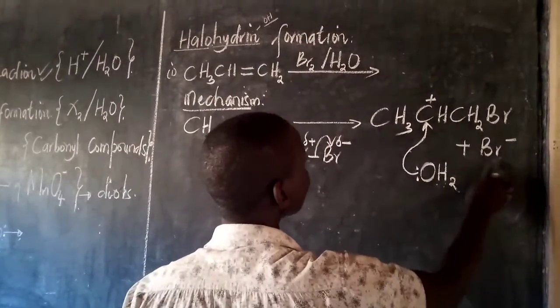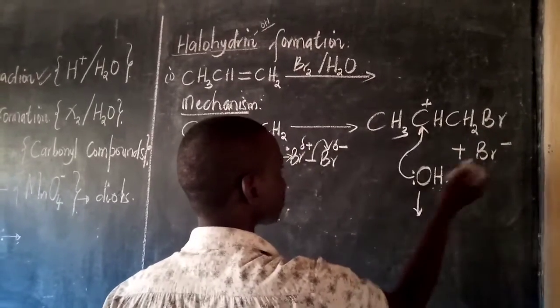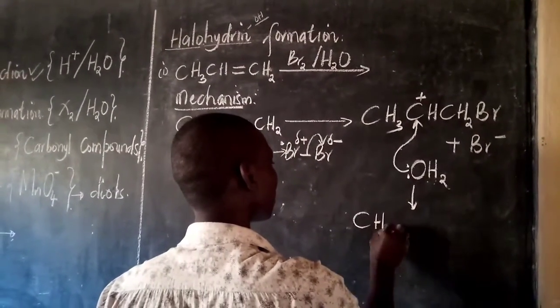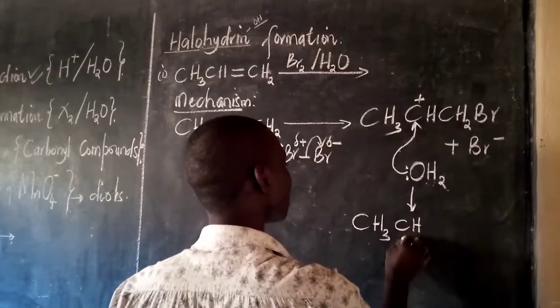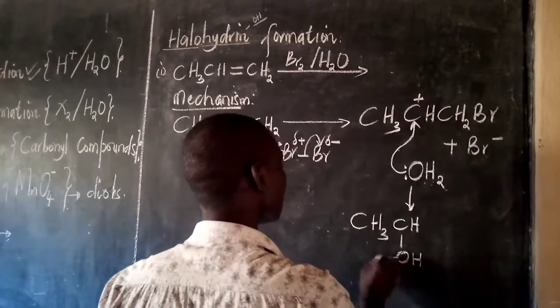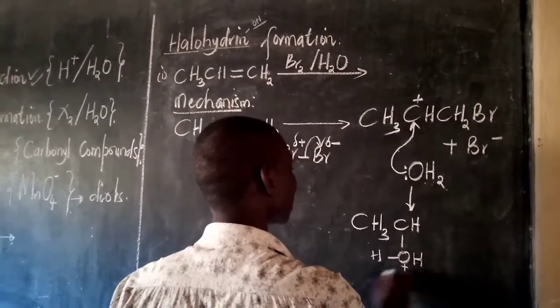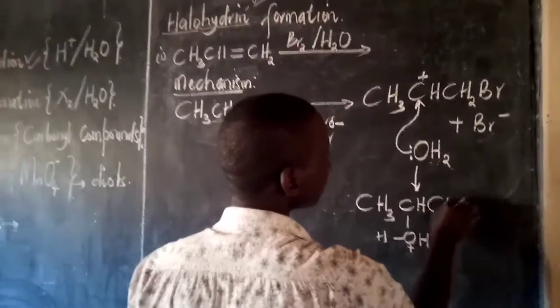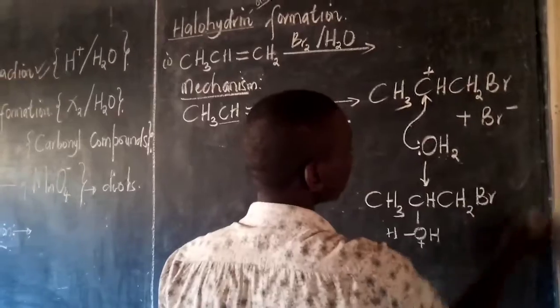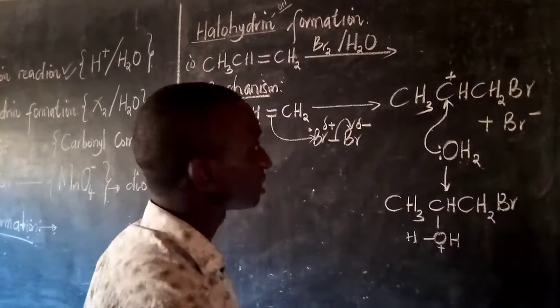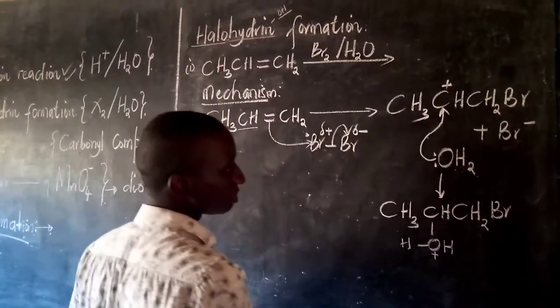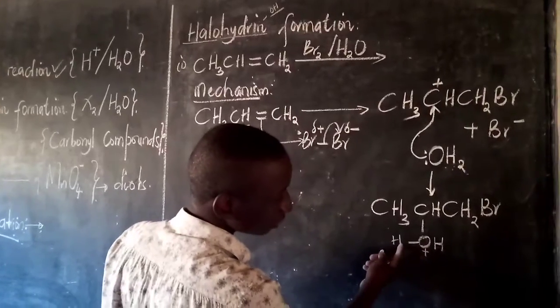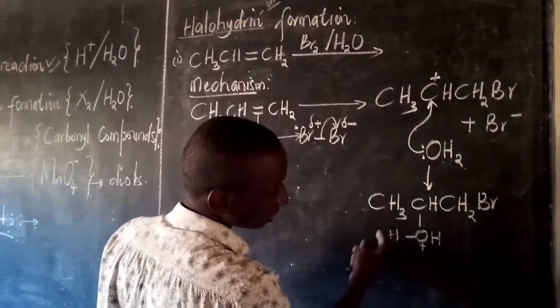It means we shall come up with something of this kind: CH3, CH, oxygen, but it has given away its electrons to give us the positive charge at that position. Then you have CH2, and then bromine. What comes next will be the loss of this hydrogen.